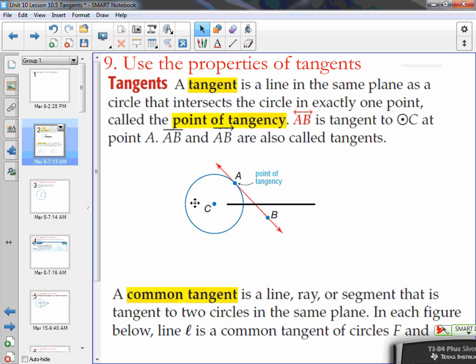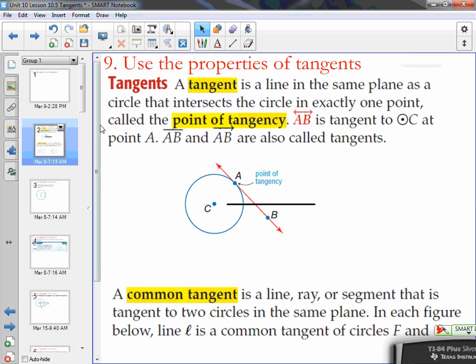So, there are such things as tangent segments, but tangent segments are part of tangent lines. So, the black segment I have here is not a tangent segment because it's not part of a tangent line. Segment AB is a tangent segment because it intersects the circle just once, and it is part of a tangent line. See the difference?